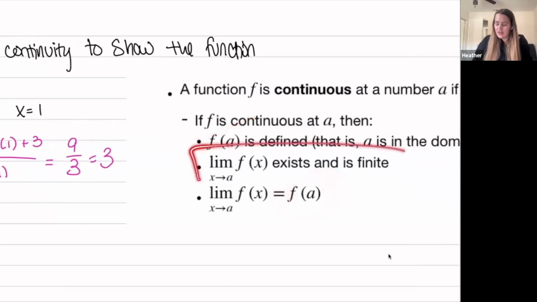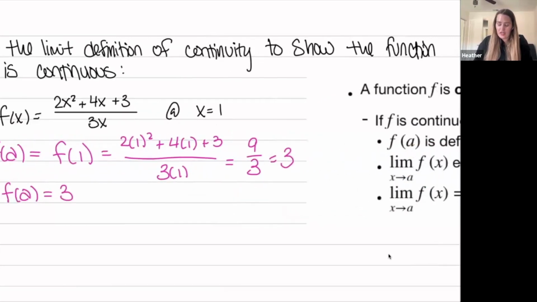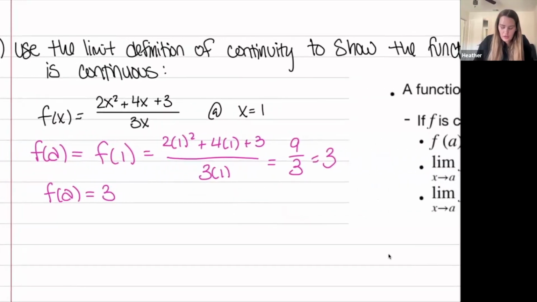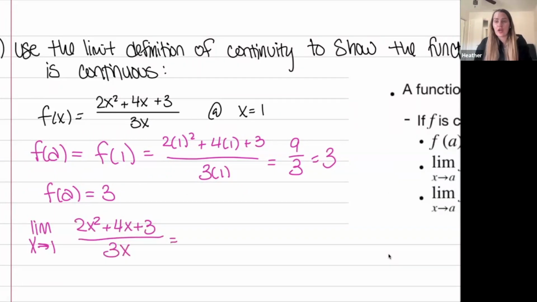So now I need to see if this limit exists and if it equals f of a. So let's go ahead and take the limit as x approaches 1 of 2x squared plus 4x plus 3 over 3x. I can use direct substitution here. 2 plus 4 plus 3 over 3 gives me 9 over 3 again, which is also equal to 3.